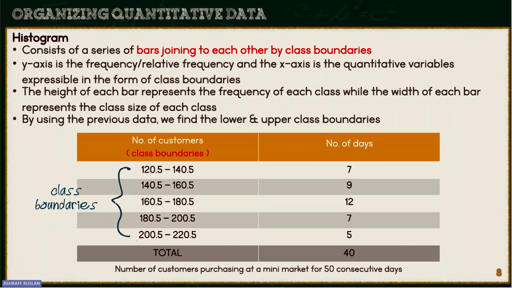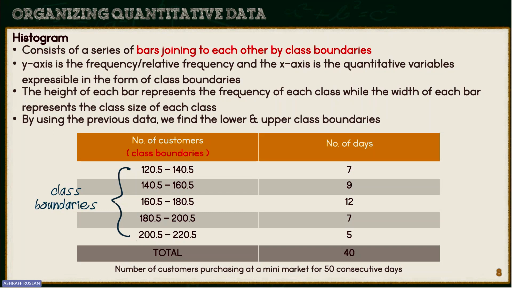Let's say the first category is actually 121 to 140, tetapi if we are using the class boundary, then we are going to take half, or 0.5, before the lower limit and 0.5 after the upper limit, right?